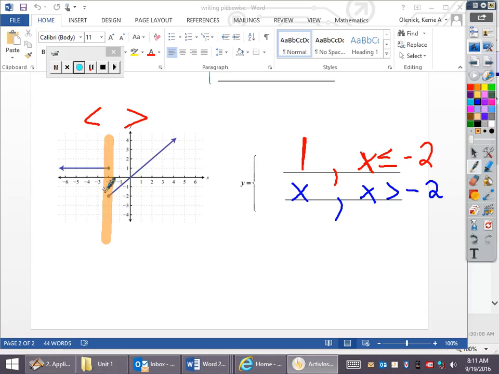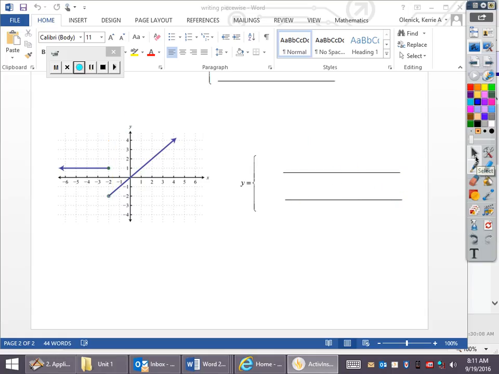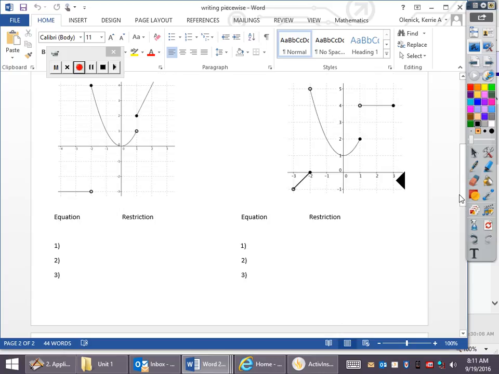All right. So I'm going to do one that has a parabola, so we're going to skip ahead, okay? And then I'm going to let you practice some on your own. So if you look at your worksheet, here we're going to do the one on the left-hand side, bottom row, left-hand side of the back.